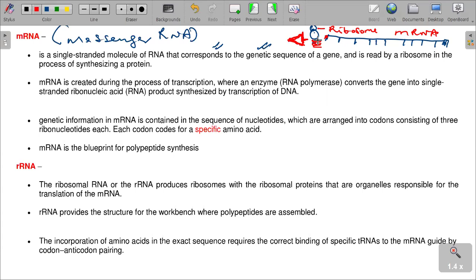mRNA is created during the process of transcription. I'm sure that I've mentioned already that it is produced during the process of what?